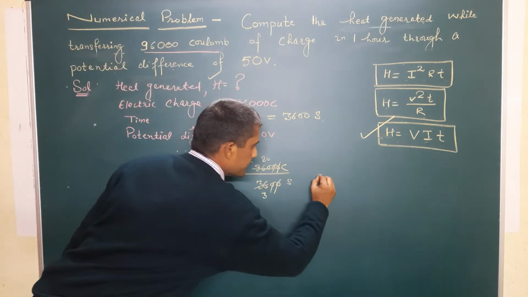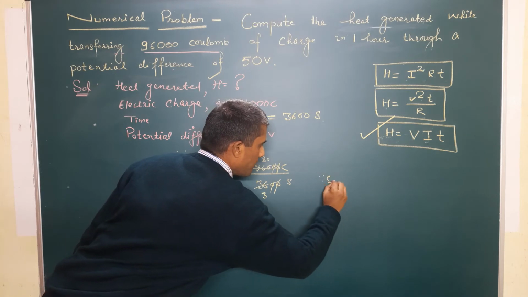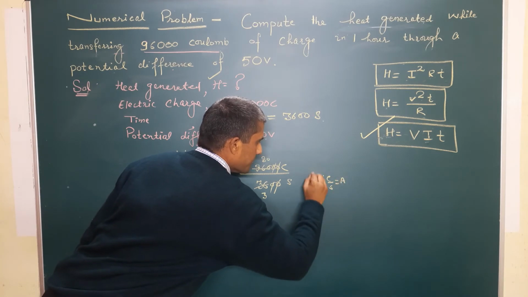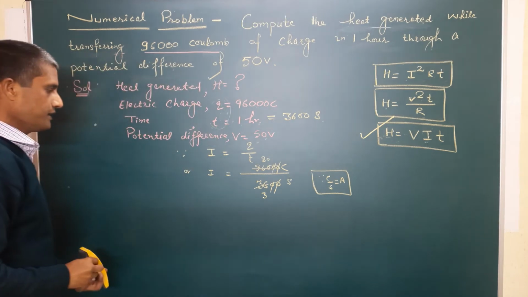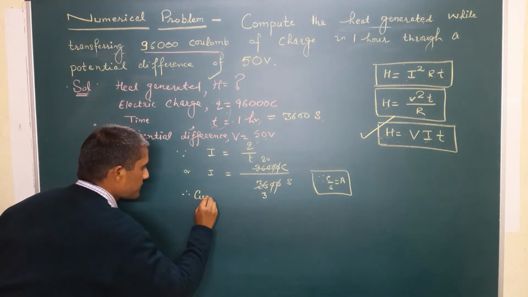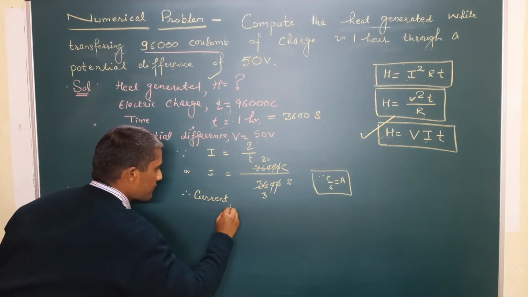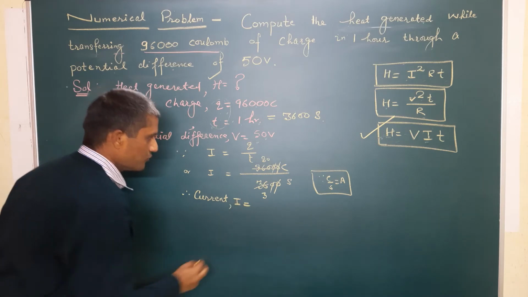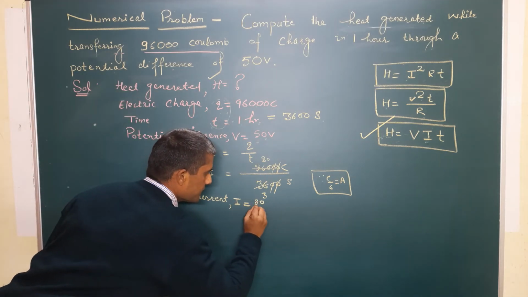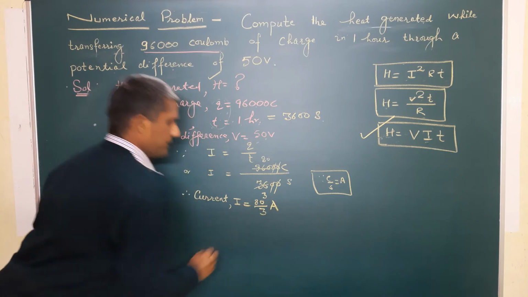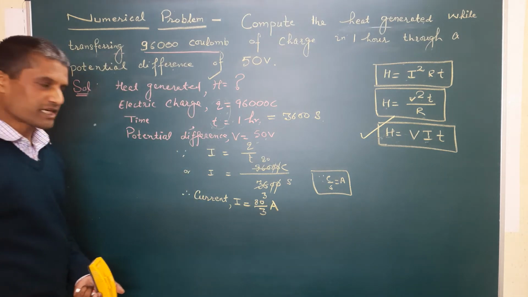Coulomb upon second, you know it, is equal to ampere. Therefore, current I is equal to 80 upon 3 ampere.